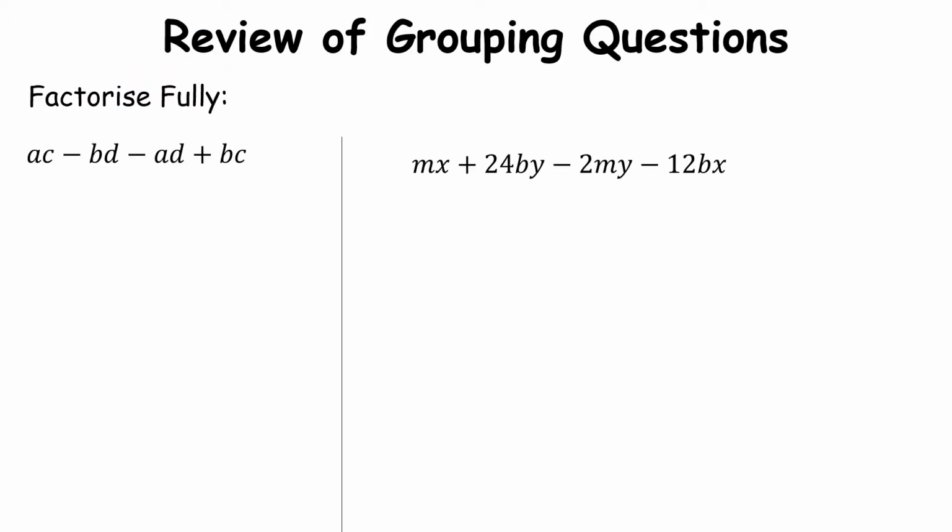Before we move into the quadratic trinomials, I just want to review some grouping questions that cause a bit of problems. Now the straightforward ones that didn't need any rearranging, they worked quite well for most people. However, these harder questions, that last section, the last five, caused problems.